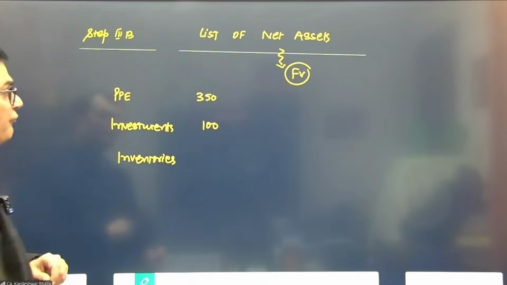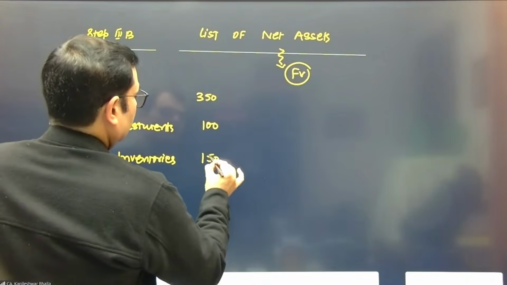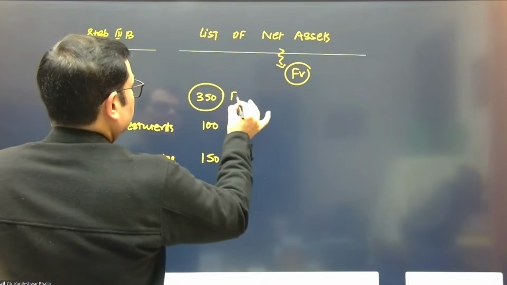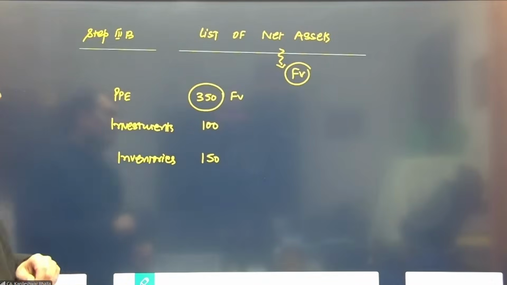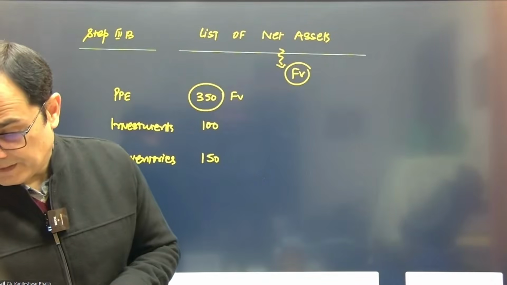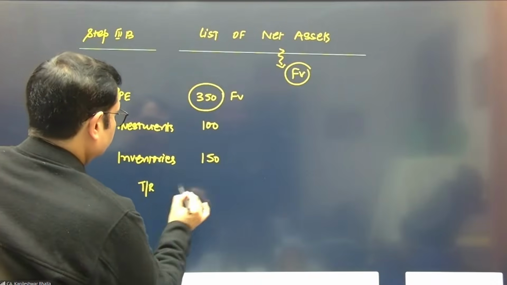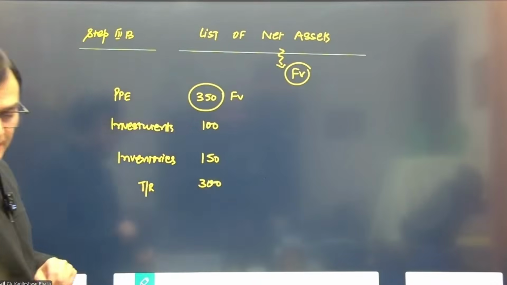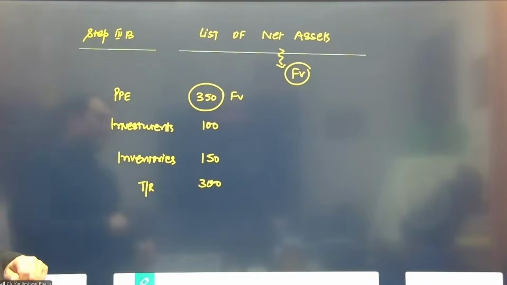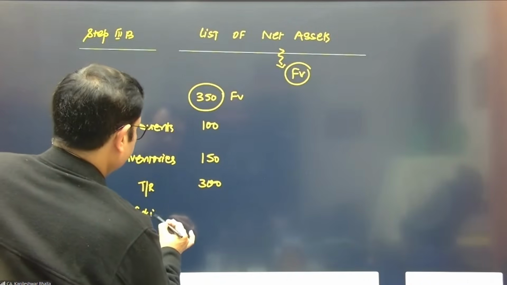So that is 150. So PPE is the only item taken at a fair value; for the rest, fair value and book value seem to be the same. Then I am given trade receivables of 300, and then cash and cash equivalents of 100.